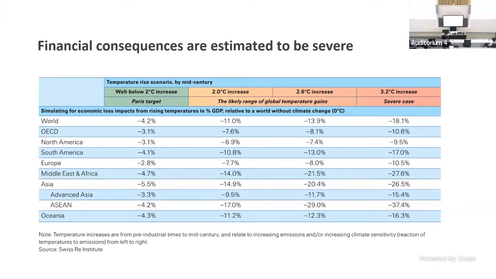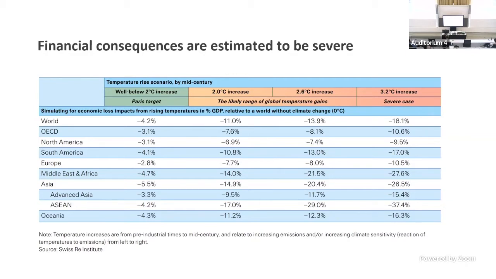But as soon as we get above that Paris target of 2 degrees, we start to see much larger figures. These are decreases in GDP, and these figures are very large. They will have real consequences for people.